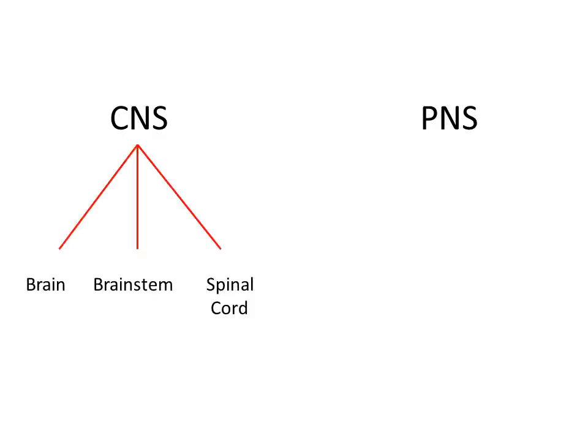So again, we have the central nervous system, or the CNS, and the peripheral nervous system, or the PNS. The CNS consists of the brain, brainstem, and the cerebellum that is associated with the brainstem, and the spinal cord, whereas the peripheral nervous system consists of the spinal nerves and the cranial nerves.